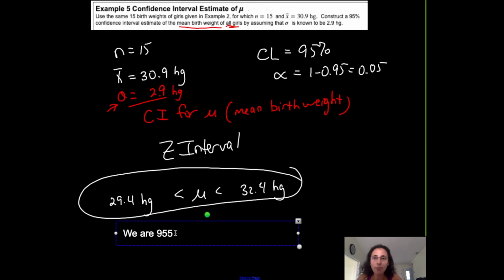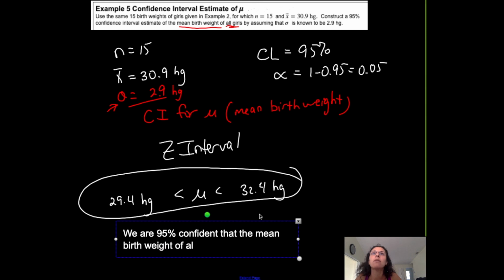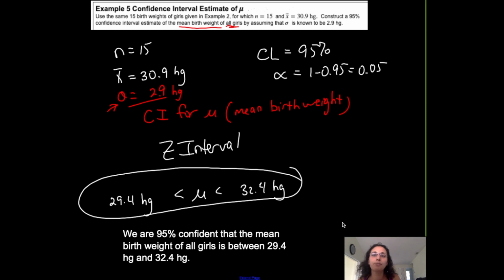We are 95% confident that the mean birth weight of all girls is between 29.4 Hg and 32.4 Hg. Done.